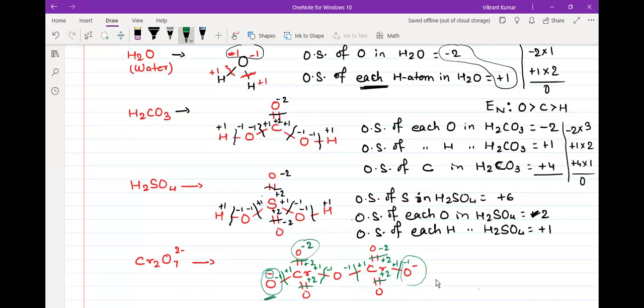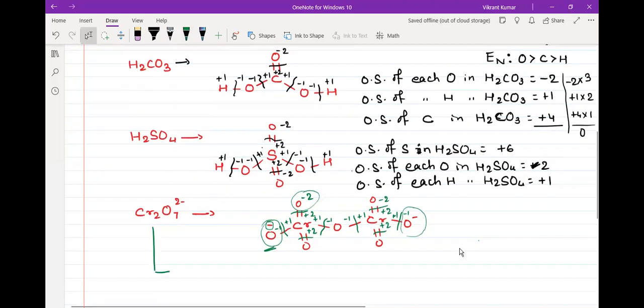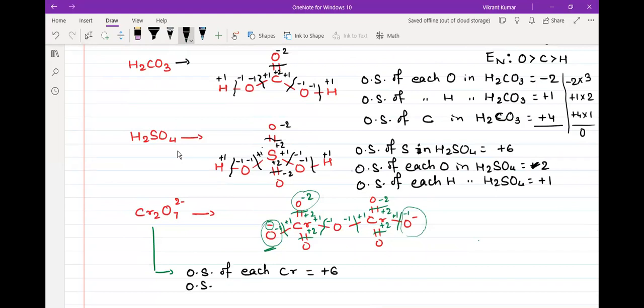There was a real charge also, and it is the total charge, real or imaginary. So now in the case of Cr2O7 2-, we'll say that the oxidation state of each Cr is +6 and the oxidation state of each oxygen is -2.